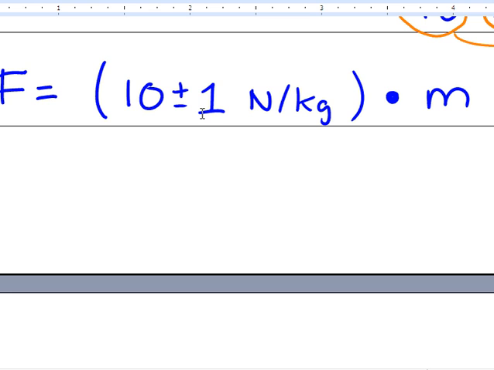You just need to be somewhere in that ballpark. So if you get a 10 plus or minus 2, or a 9 plus or minus 1, or a 9 plus or minus 2, or some 11 plus or minus 1, then that's all pretty darn close. If you're way off of this number or way off of that number, then there might be some issues. But you might even get a decimal. You could get like a 10.2 plus or minus 0.8. As long as you're close, then that's good.